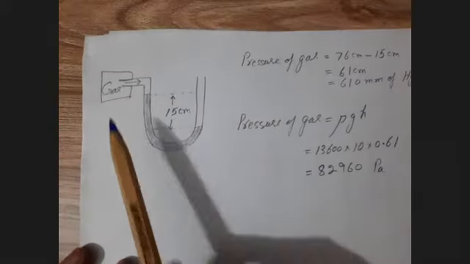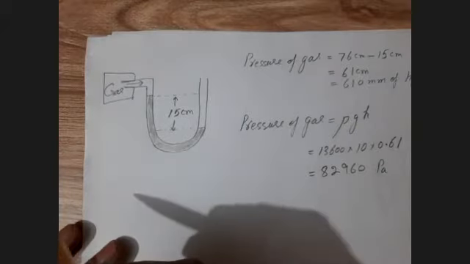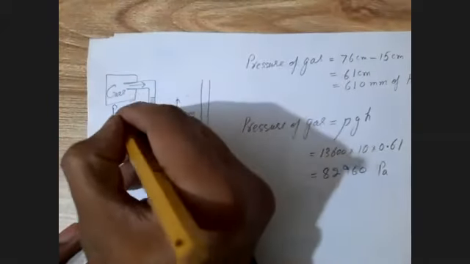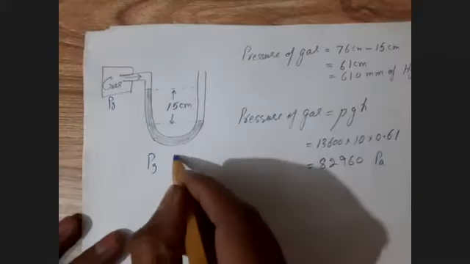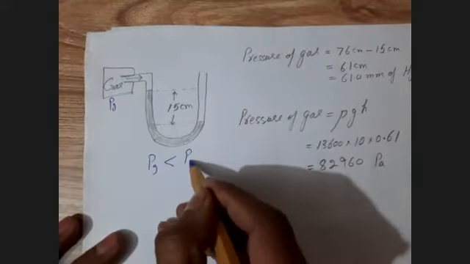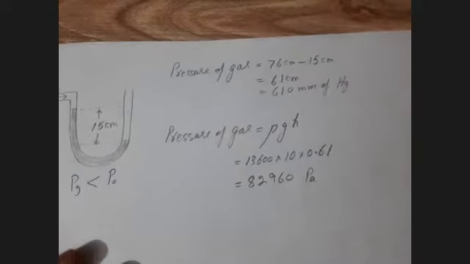Observe this situation. If this unknown pressure Pg is less than the atmospheric pressure P naught, then what do you have to do?